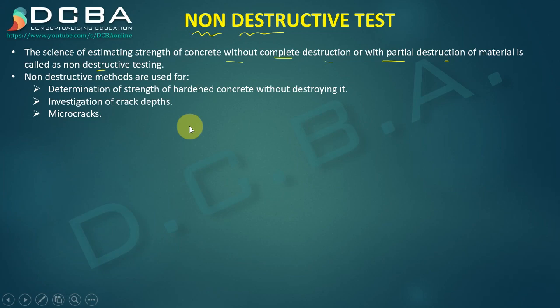So we can investigate those micro cracks as well using NDT, or this non-destructive testing, short form is NDT. I'll just write here NDT, so it's also called NDT. Progressive deterioration. So we can understand whether our concrete is degrading in its strength, or what kind of flaws are there inside the body of the concrete. All those can be found out.